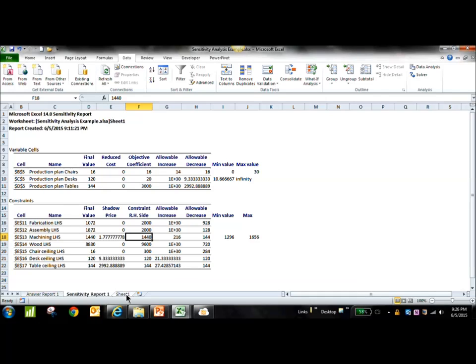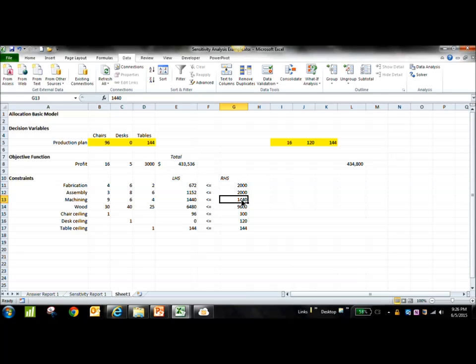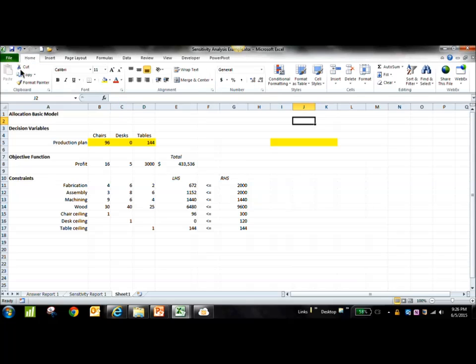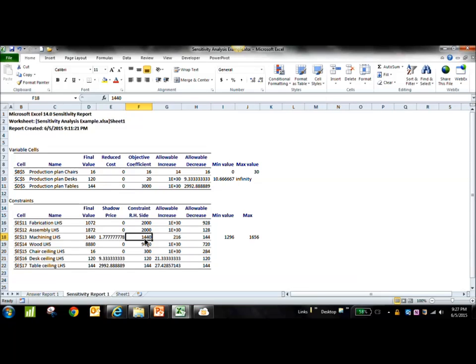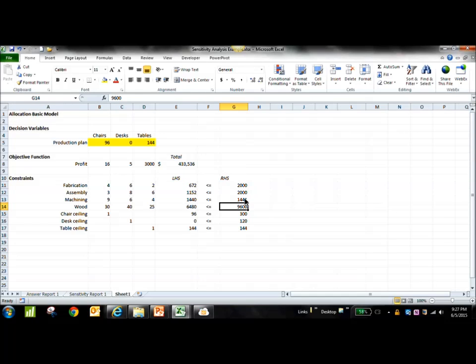Let us try it. Let me get rid of this and do something very quick here. I'm going to add 1 to this right-hand side. We are looking at this right-hand side of the constraint, which is 1440. I changed it to 1441. Let us see what happens.